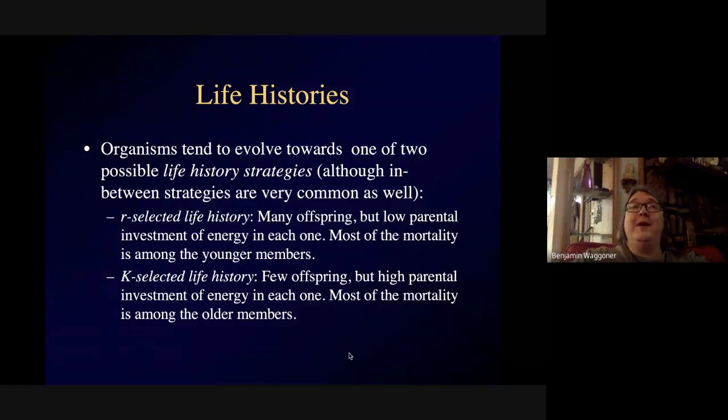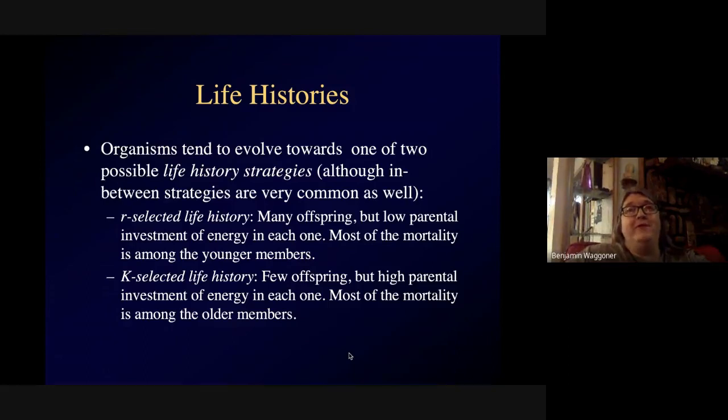If you have only a certain amount of energy in your life, you could invest it into trying to reproduce. You might invest it in trying to find food. You might have to invest some of it in getting away from predators. There's lots of different things you could spend that energy on.